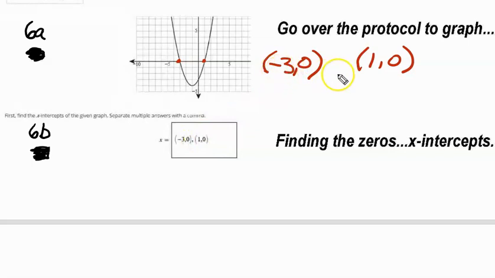So from this, let's put this in the vertex form.